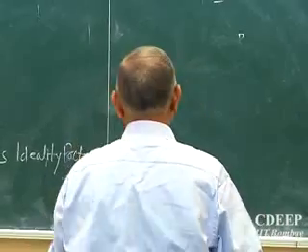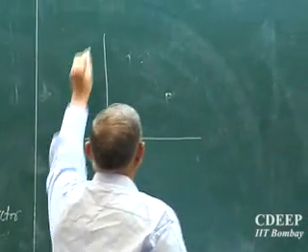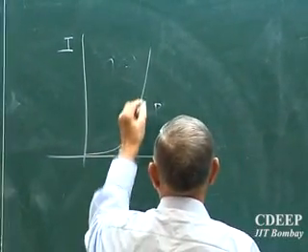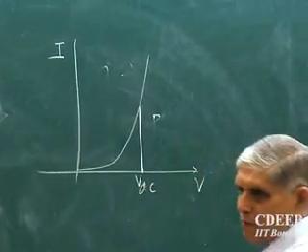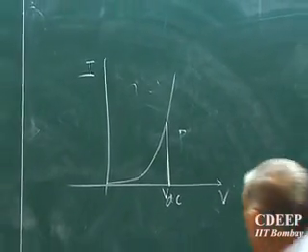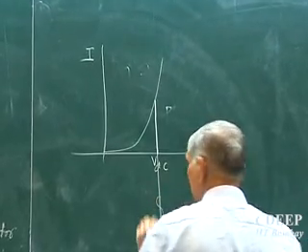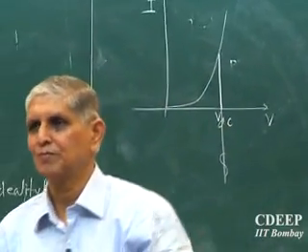So for example, if you see this IV characteristics, let's say this is my IV, and at this point is my VG, which I applied to the diode. And now, on this, I superimpose the AC signal.